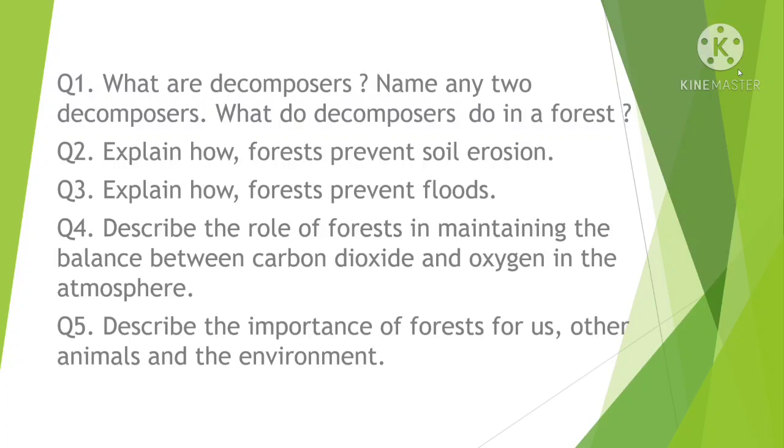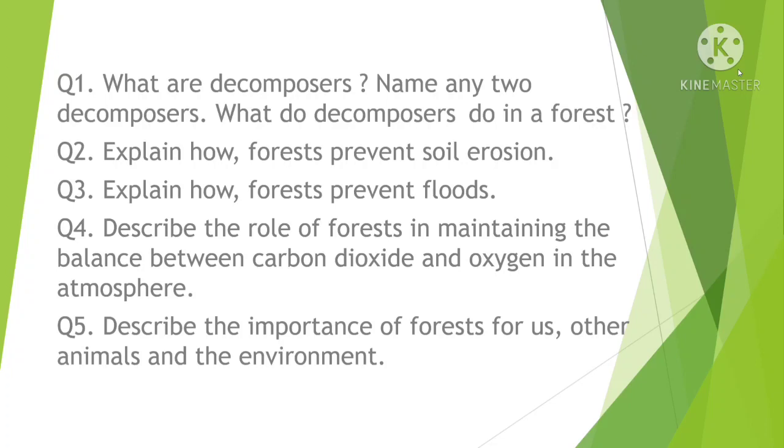Now, the green plants and trees also release oxygen during the process of photosynthesis. So they are also the supplier of oxygen that is needed by humans and other animals for breathing and respiration.